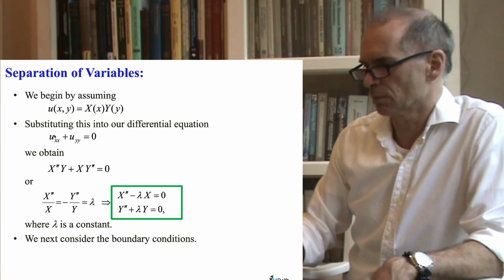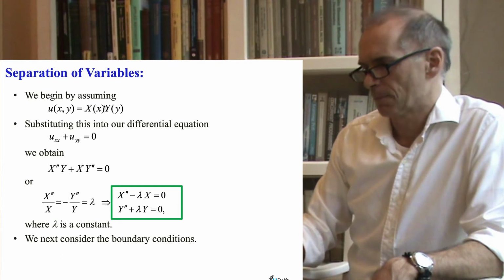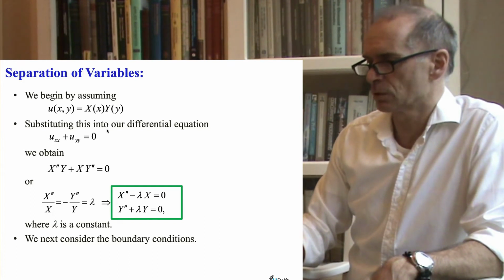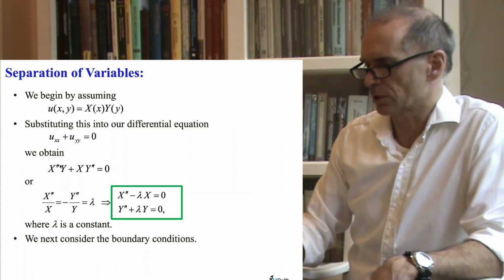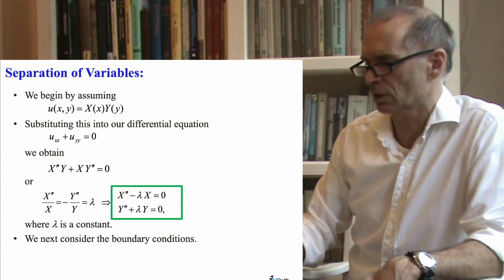We substitute them in Laplace's equation, so we have the double derivative with respect to x here, that only acts on the function X of x, and this then is to be considered a constant, so it is just there, and we get X double prime as the effect of these two derivatives with respect to x acting.